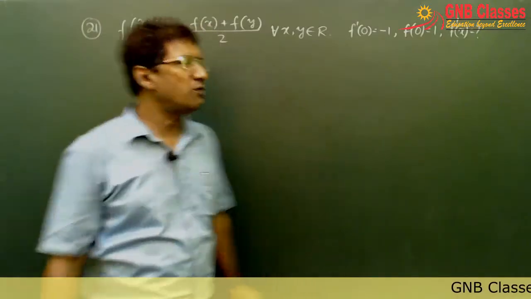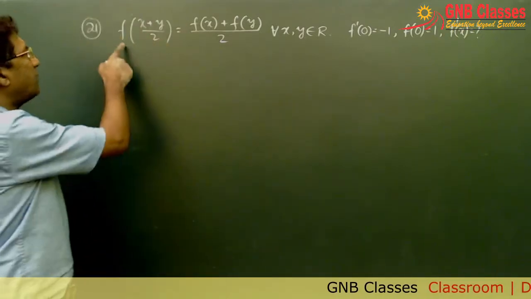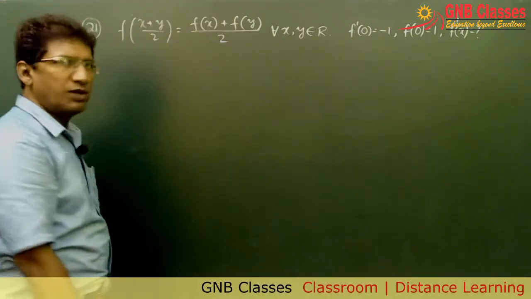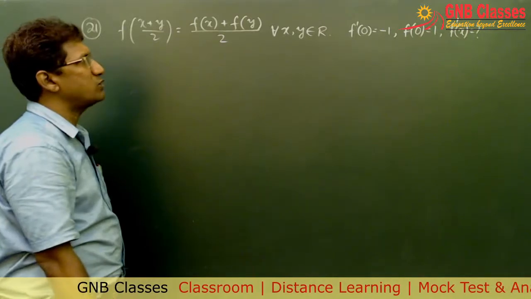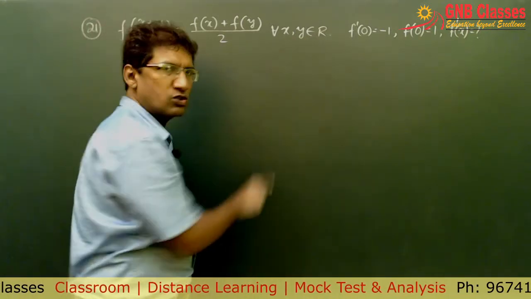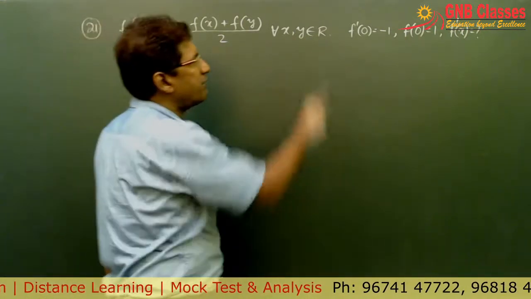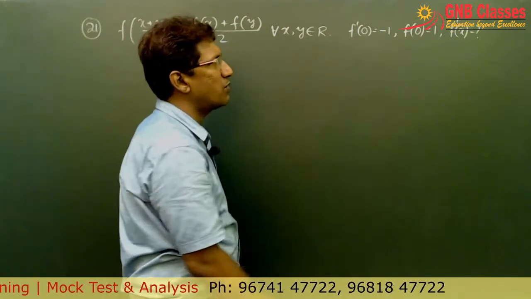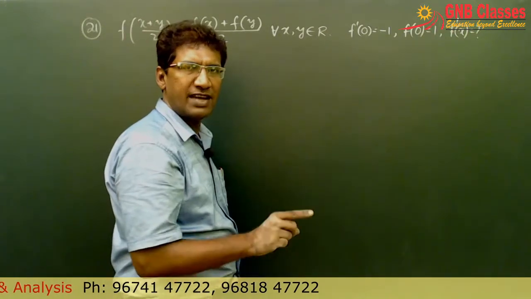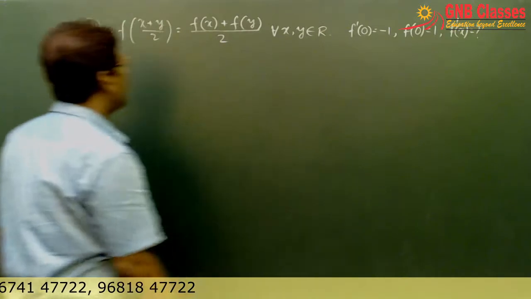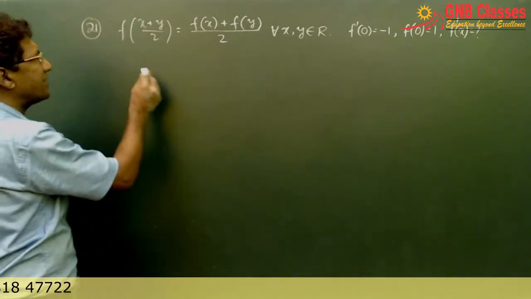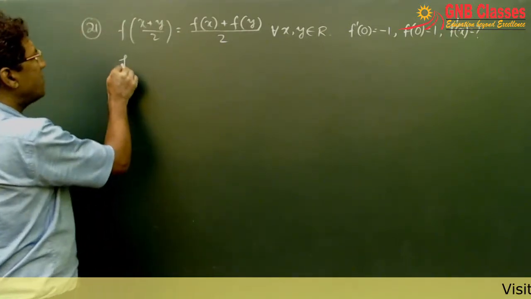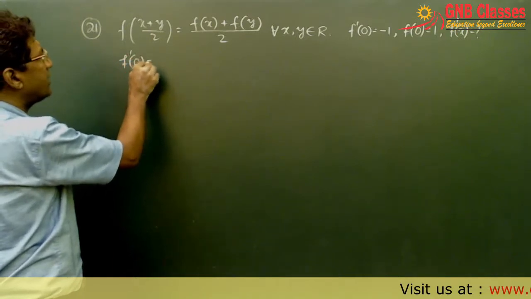In question number 21, they have asked us: if f of (x plus y) by 2 equals fx plus fy by 2 for all x, y belonging to real values, f dash 0 is minus 1, f0 is 1, find out f dash x. What I'm doing here is, we have been given that f dash 0 is minus 1.